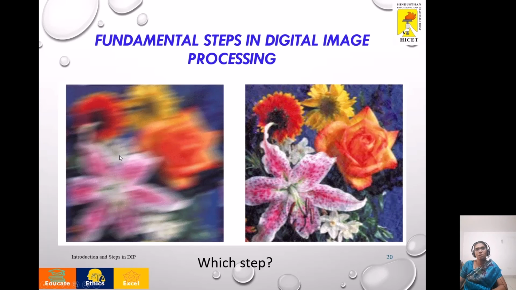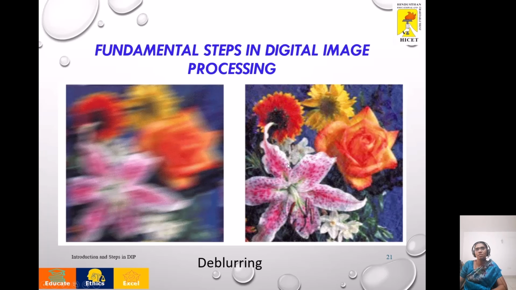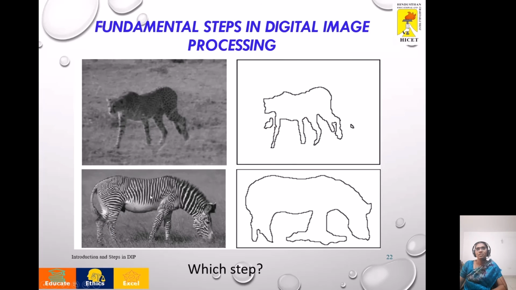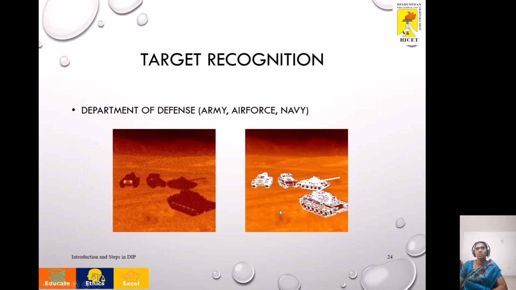The image has been blurred, so blurring has to be removed. So the step involved here is deblurring. And this is the image of a cheetah and zebra. This is the output image. What is the step involved such that the input image is converted to this one? Here the cheetah is segmented, the zebra is segmented, so this is segmentation.